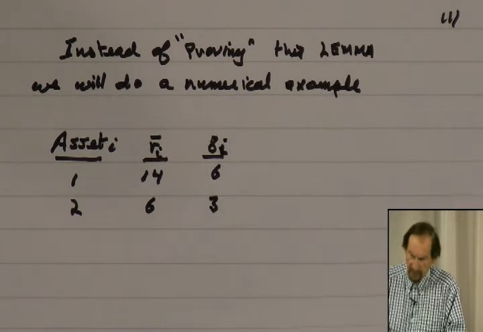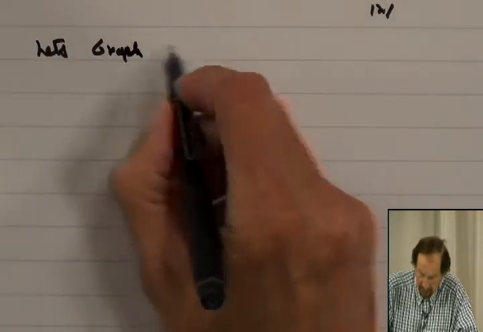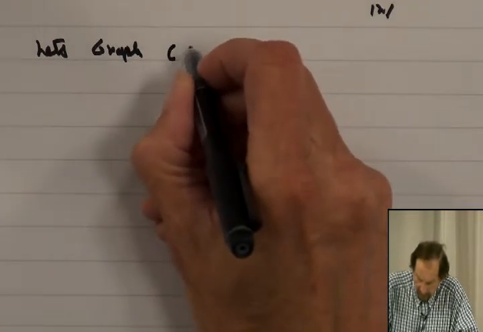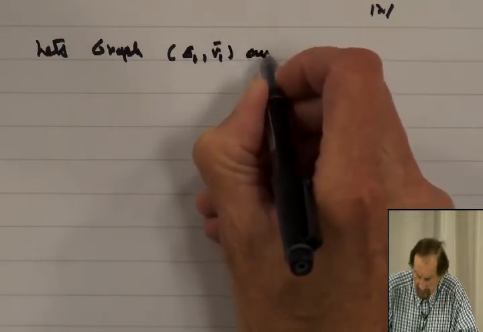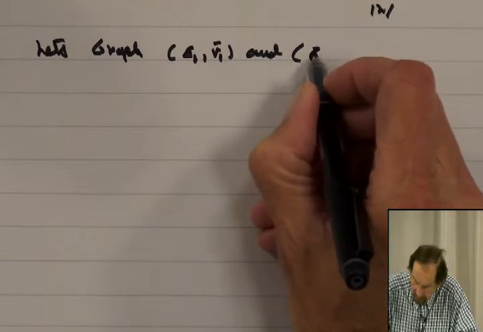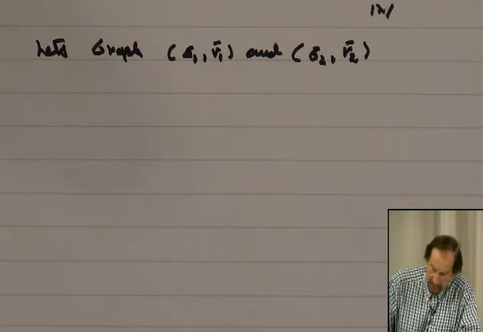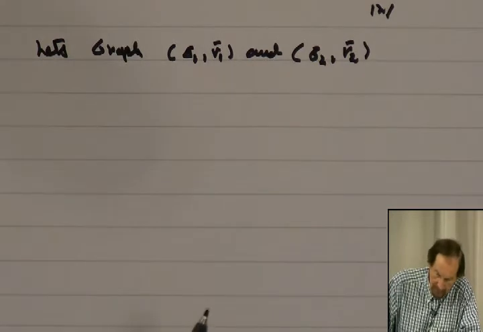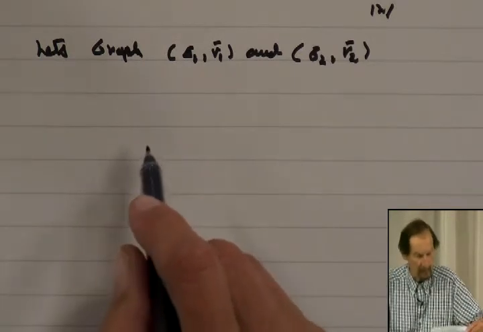So let's graph these two. This is easy. We're going to graph sigma 1, r bar 1, and sigma 2, r bar 2. Remember that I'm using a little bit different notation. I take 1 to be the one with the highest return here. We graph these two.